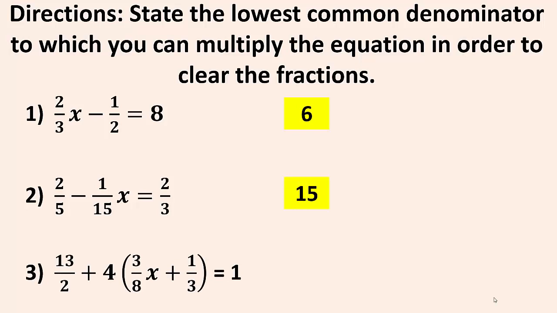Third, 1/2 plus 4 times (3/8x plus 1/3). Now, we want to remember back to our steps for solving equations. Anytime we have something in parentheses, we want to simplify that step first. Otherwise, we're going to get into a mess on our solution.